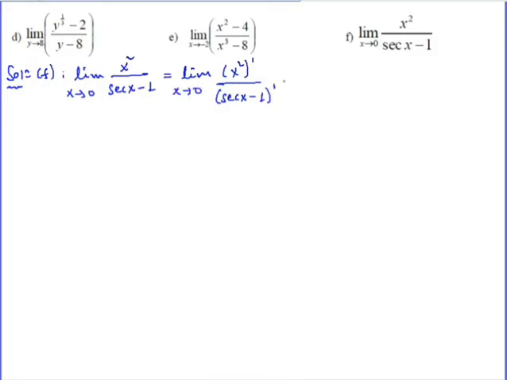In this case, the limit becomes the limit of 2x over the derivative of sec x minus the derivative of 1. The derivative of 1 is a constant, so it is 0.